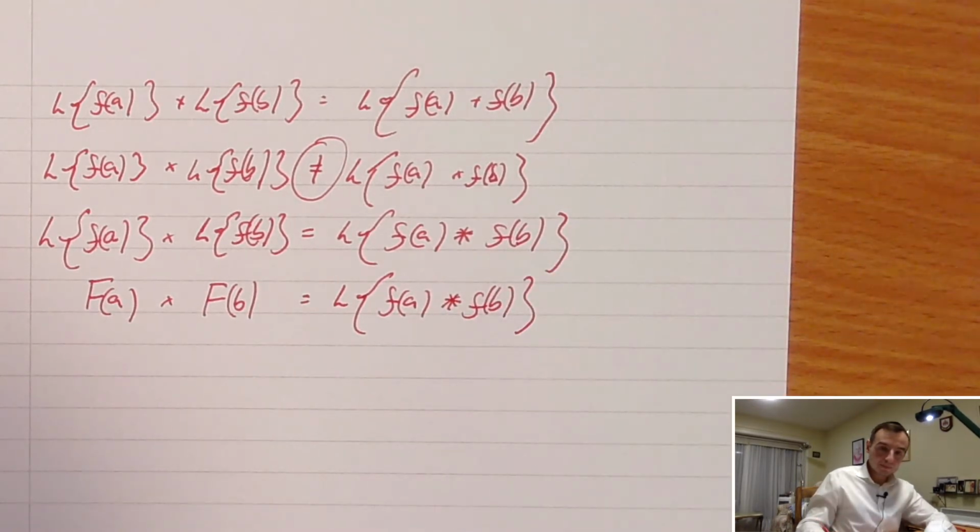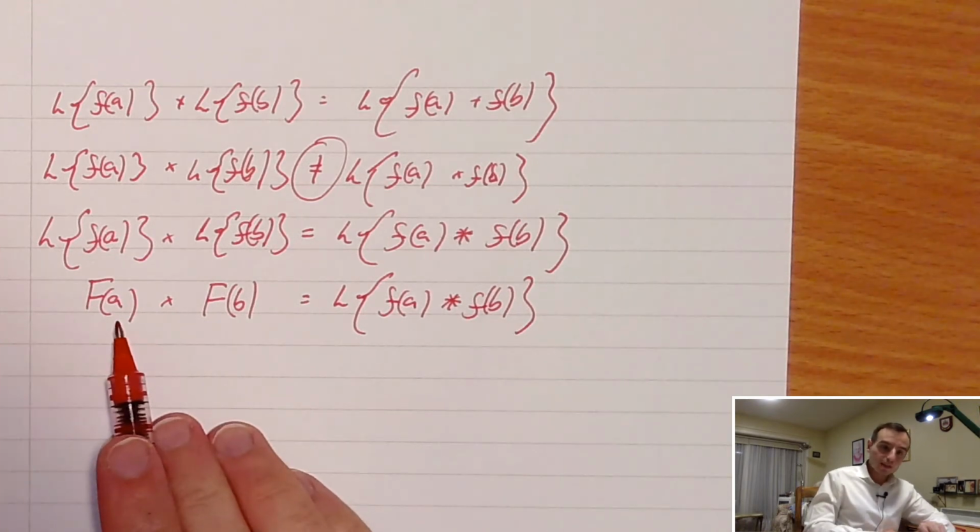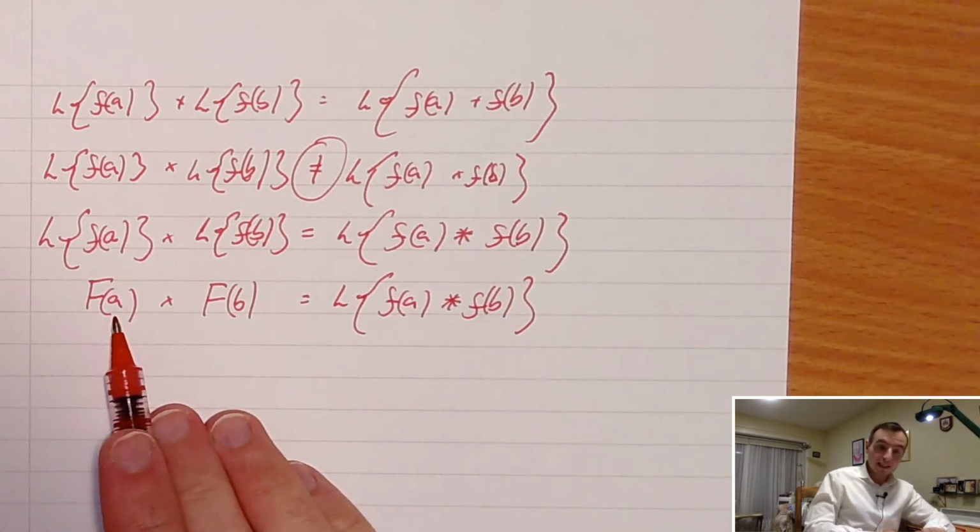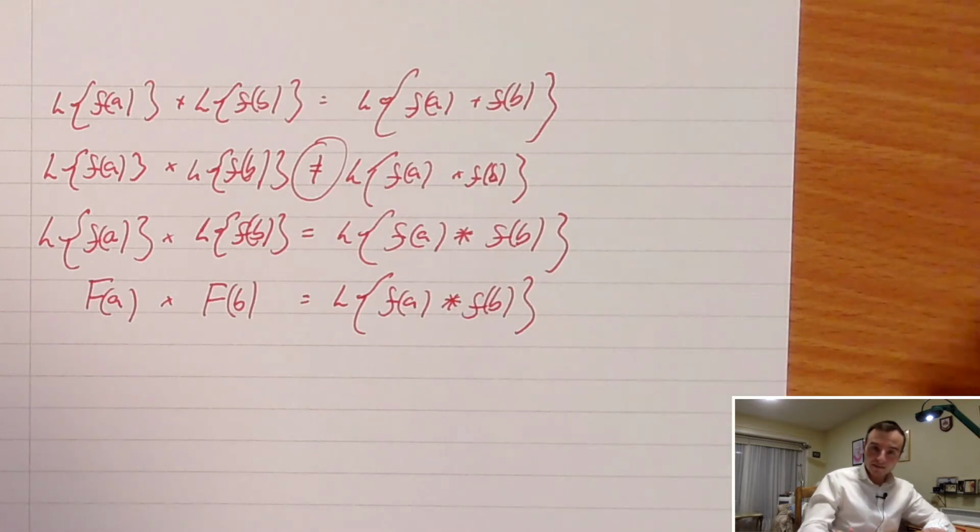So I'm just using the normal Laplace transform notation here. When we have f of t in Laplace, if we do the Laplace transform, it's going to be F of s.